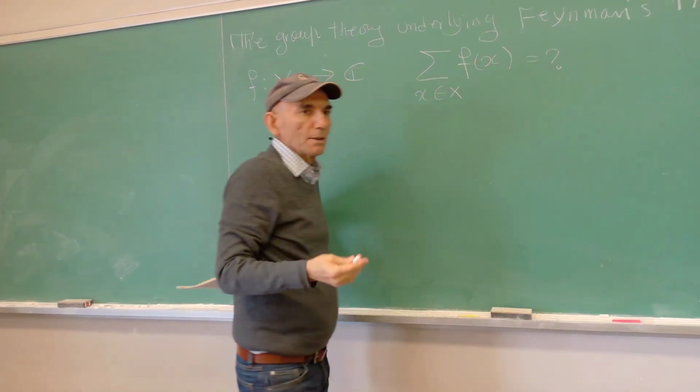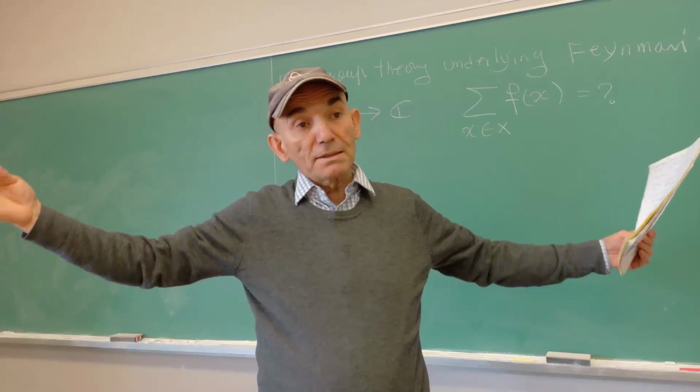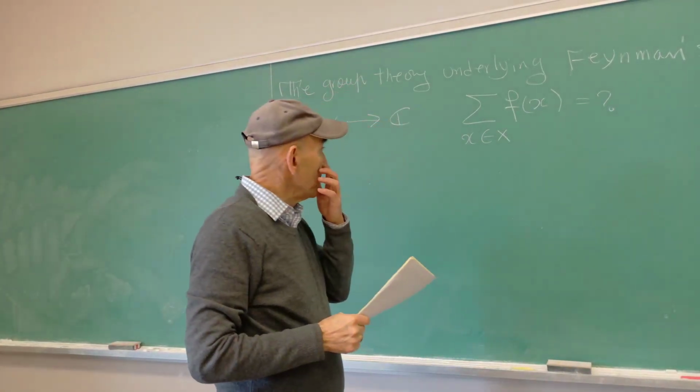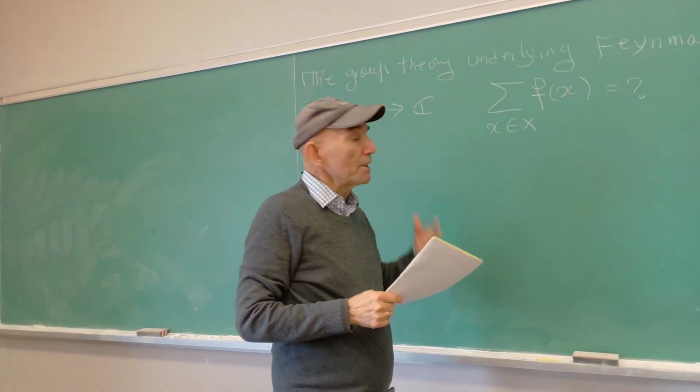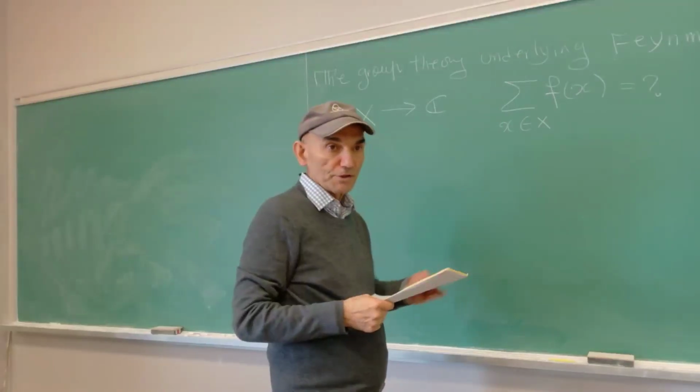You just add them up, right? But there may be many, many elements in X, and this may be a complicated task. But there is a scenario that helps to reduce the amount of computation.